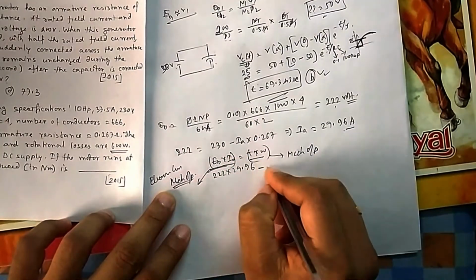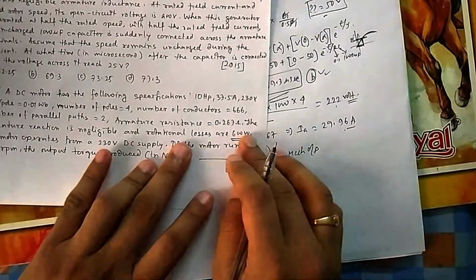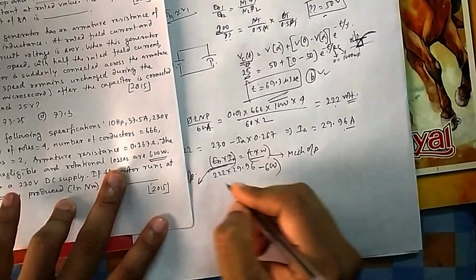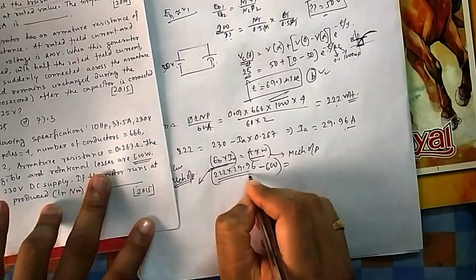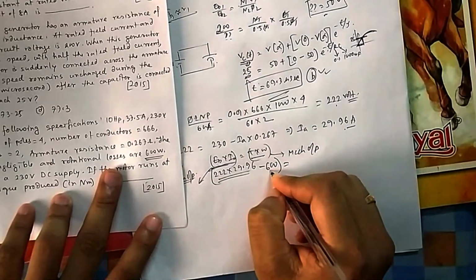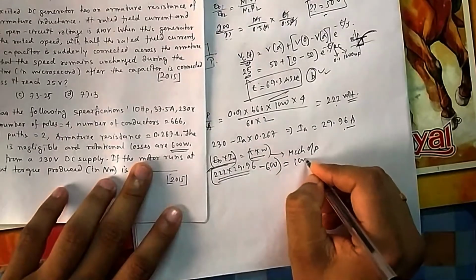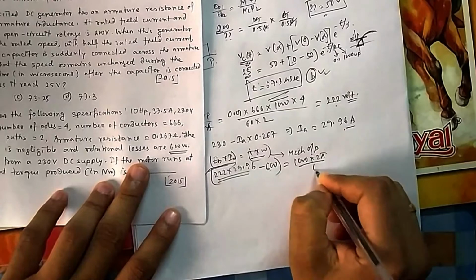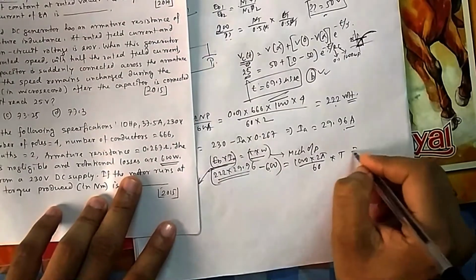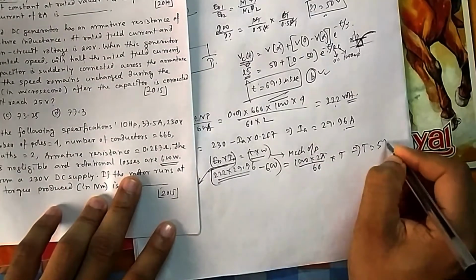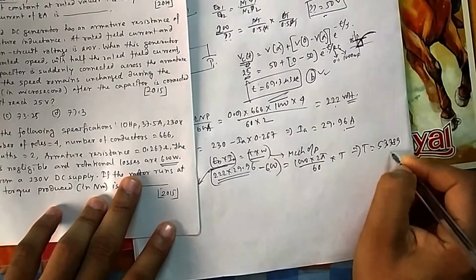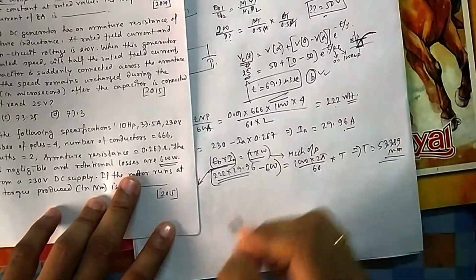So this minus that loss, the mechanical loss, which is the rotational loss, minus 600. This was the generated mechanical power, out of this the rotational loss is deducted, and you get the final output. So here there is a twist. You should be careful about these things. If you solve it, you will get T equal to 57.789 Newton meter.